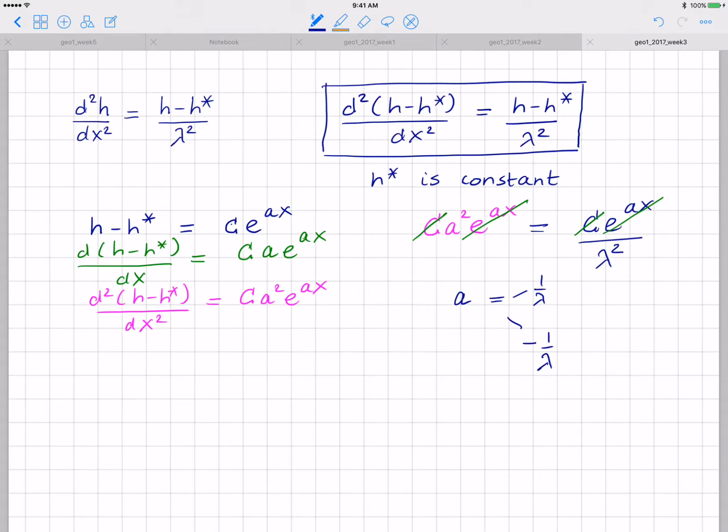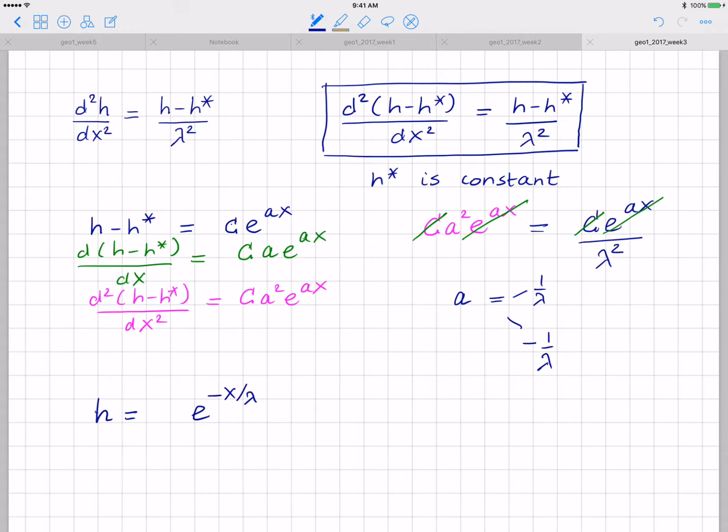Either way, it works. So it turns out we have two values of small a, and this general solution can now be written as the head is equal to either e to the power minus x over lambda, right?